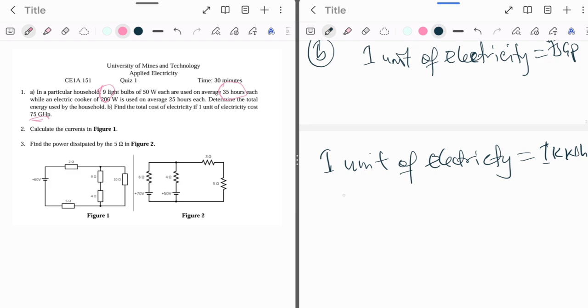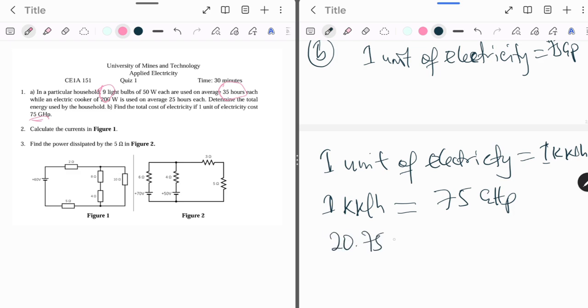So 1 kilowatt hour of energy consumed is going to cost 75 Ghana pesos.